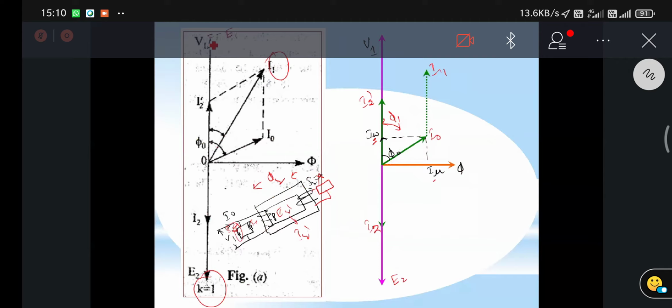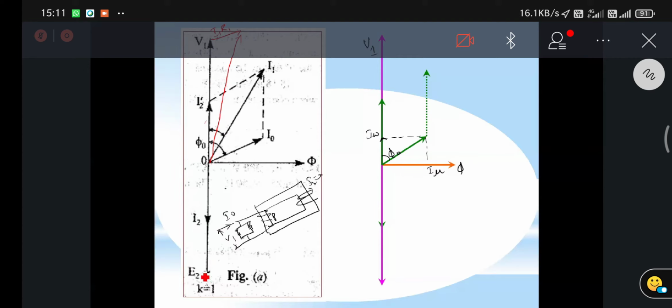Generally this V1 comes to this side, so the V1 is here only. If the resistance is constant, there is some voltage drop here, I1 R1.